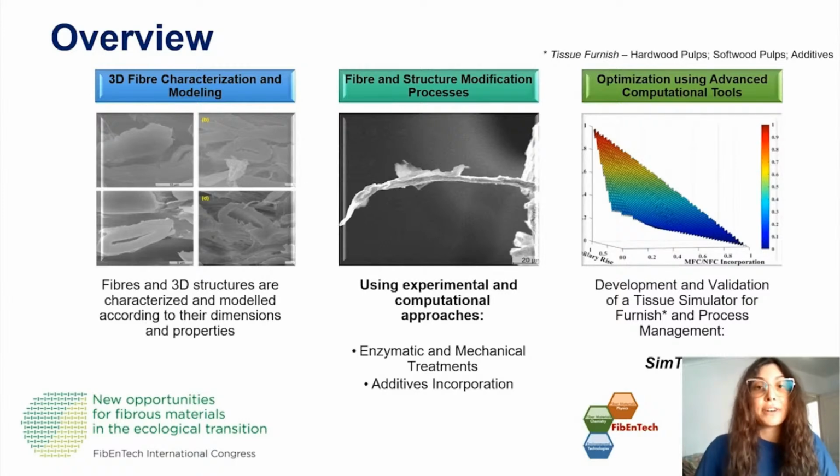The second, the fiber and structure modification process, using experimental and computational approaches to evaluate the enzymatic and mechanical treatments and additives incorporation. And finally, the optimization using advanced computational tools to develop from scratch and validate a simulator for furnish optimization and management of an industrial process, the SEAM Tissue.